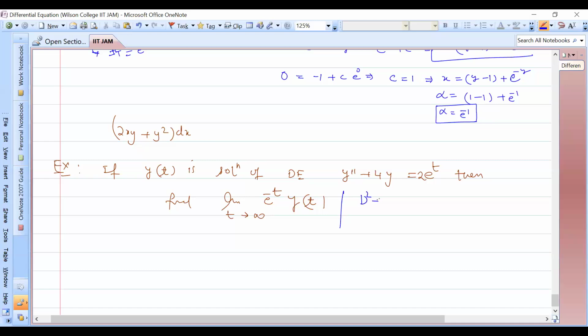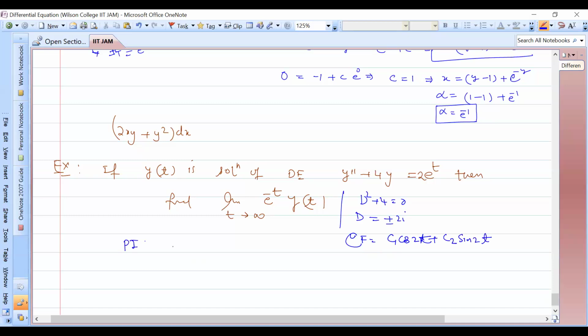See, this is D square plus 4 equals 0. D equals how much? Plus minus 2i, correct? So your complementary function will be c1 cos 2x plus, sorry, they have taken t, so c1 cos 2t plus c2 sin 2t.